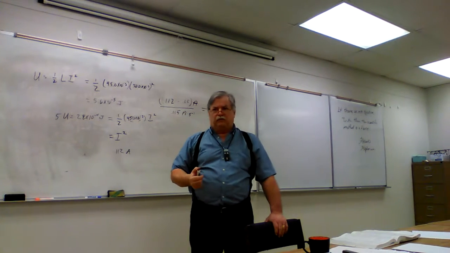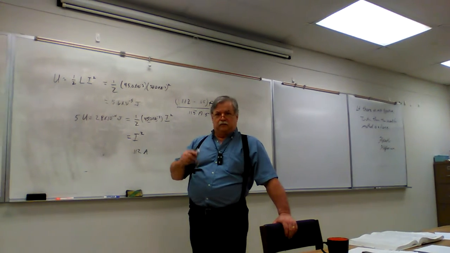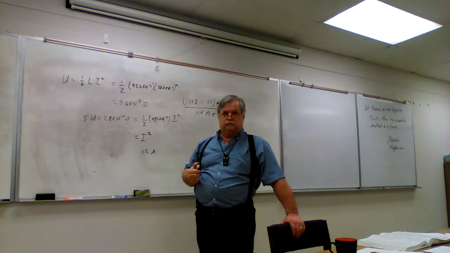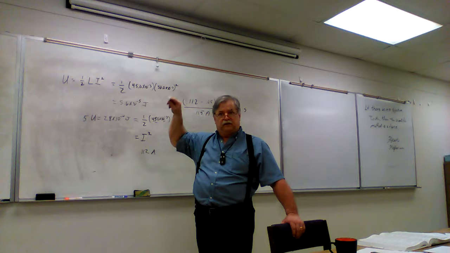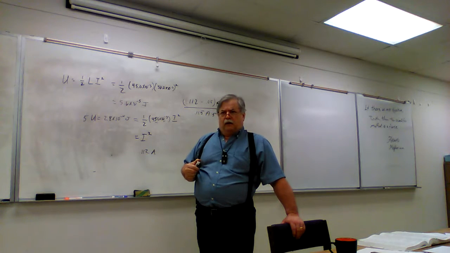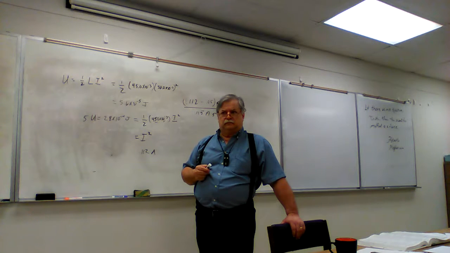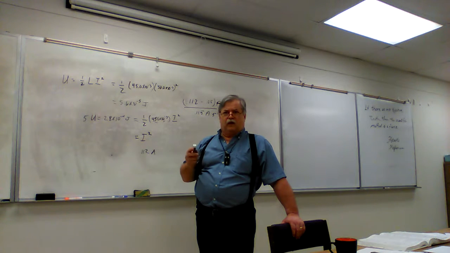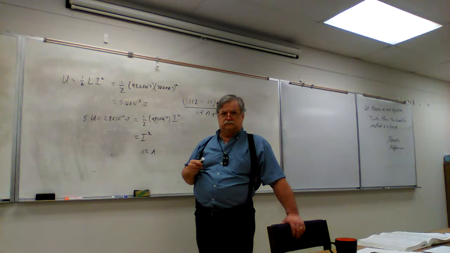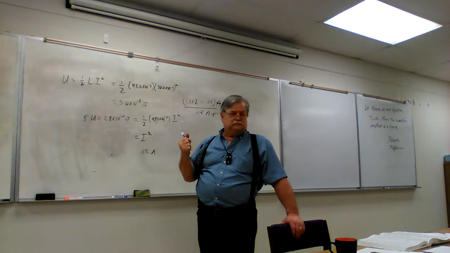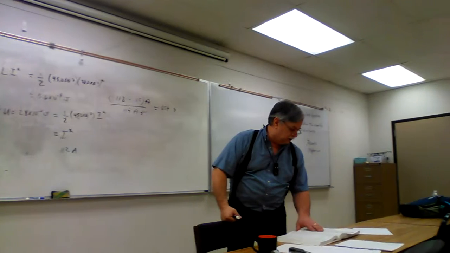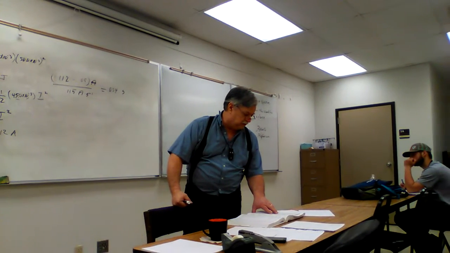Now, how many of you were looking to use that e to the minus t over tau? You know, the exponential equation for I equals I naught times e to the minus t over tau. What is tau? R divided by L? Right. Did they give you, anywhere in here, the resistance?